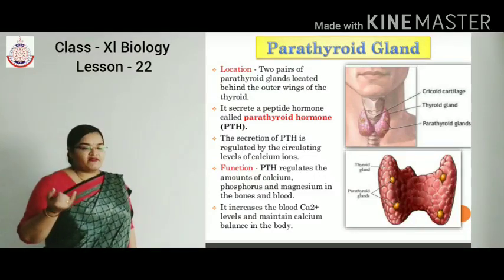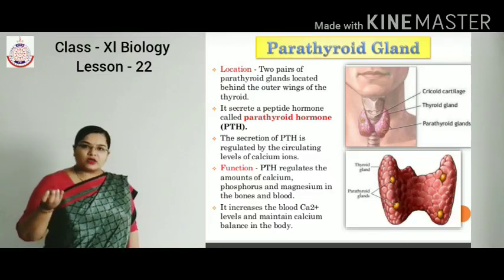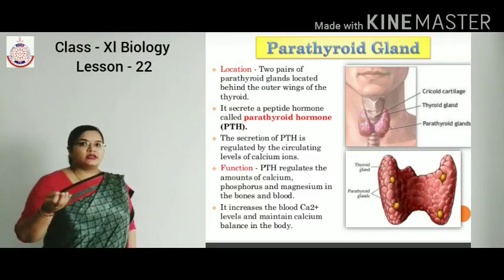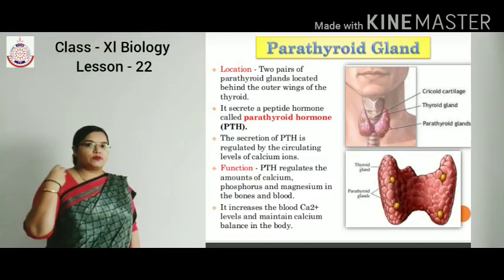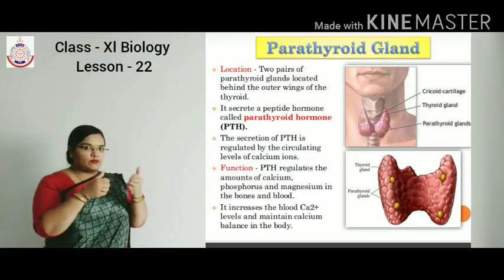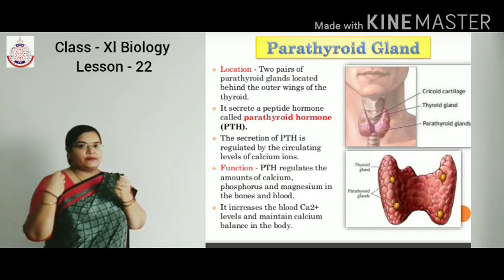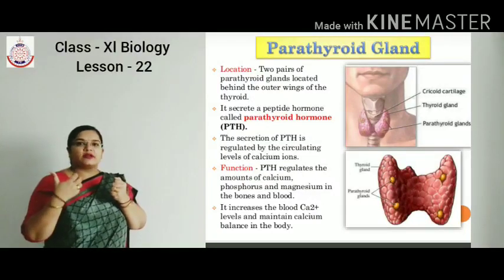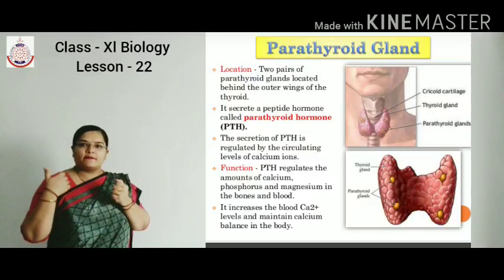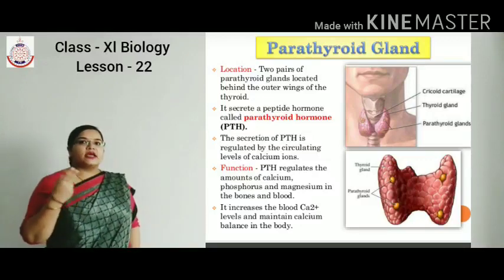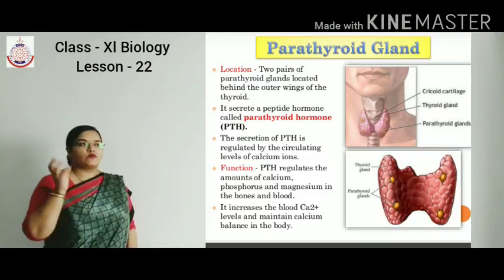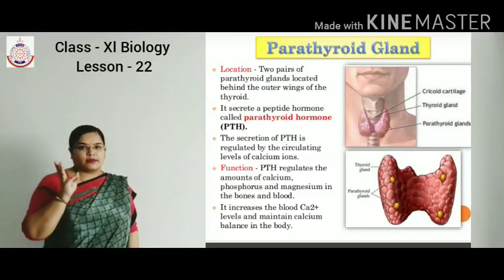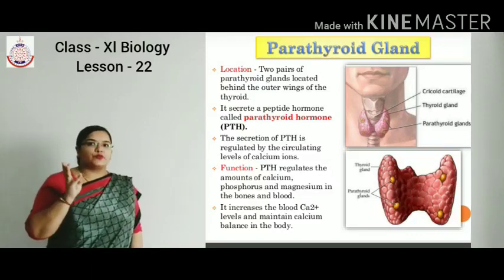Second function is that it acts on the bones and stimulates the resorption of calcium ion from the bones. So from the bones, it takes out the calcium ion because it has to increase the level of calcium ion in the blood. Third, it stimulates reabsorption. Where does reabsorption of substances take place? Yes, in the kidney tubule.